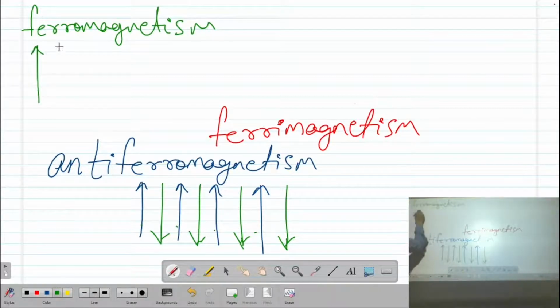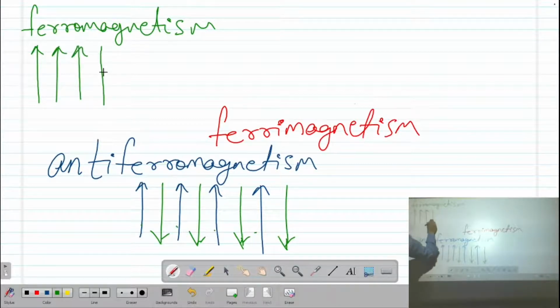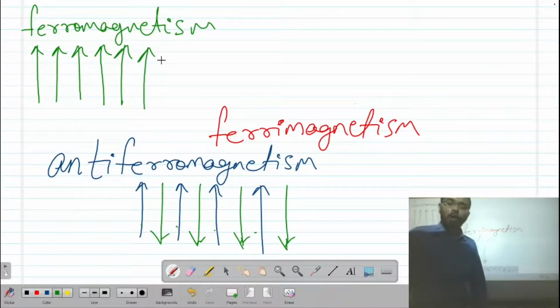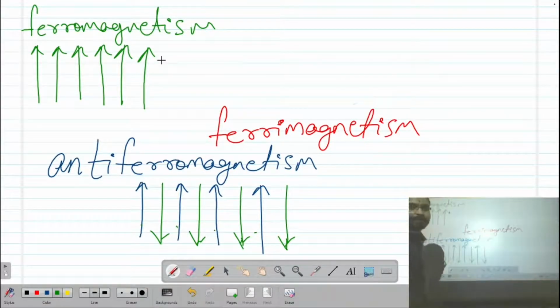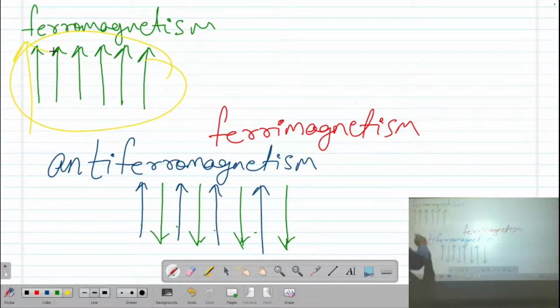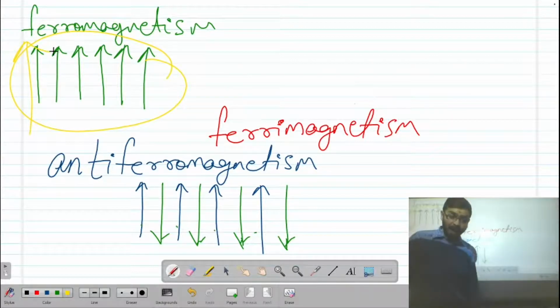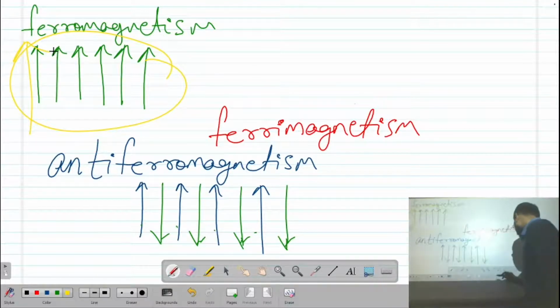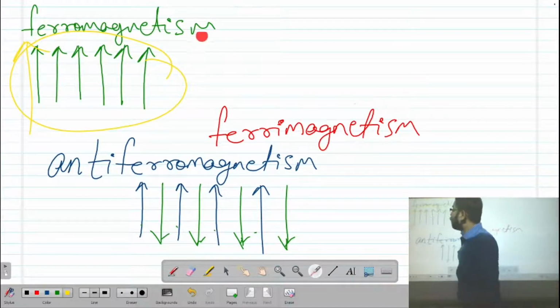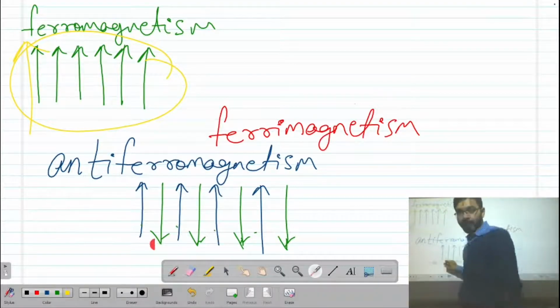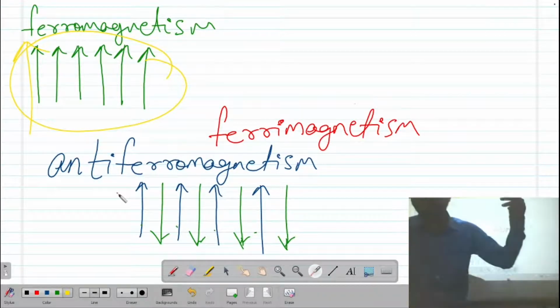In ferromagnetism, we will have all the magnetic dipole moments in a particular direction, all pointing in the upward direction. This is the basic difference between ferromagnetism and antiferromagnetism. Now let us see what ferrimagnetism is.